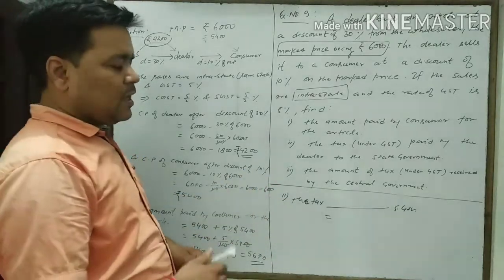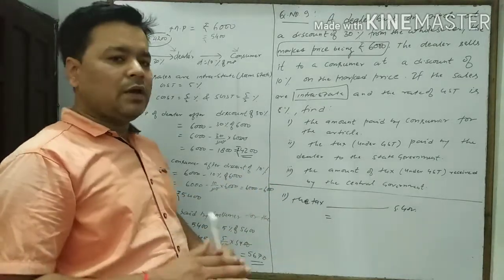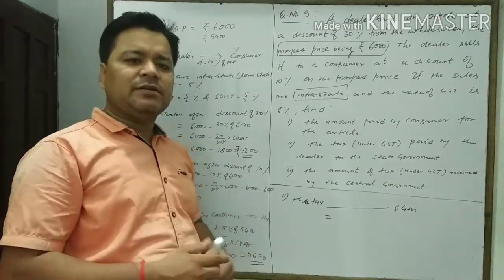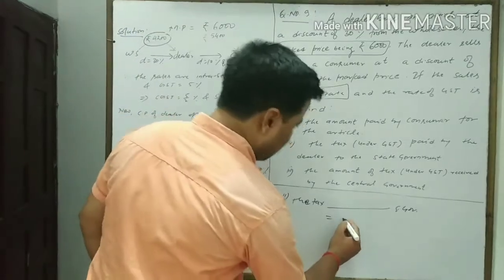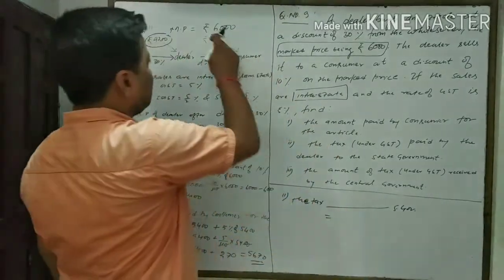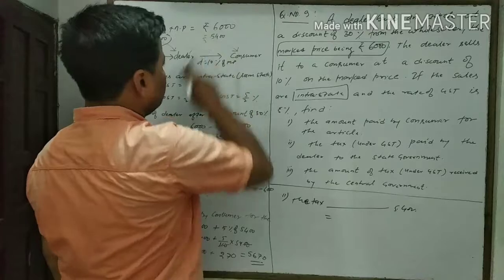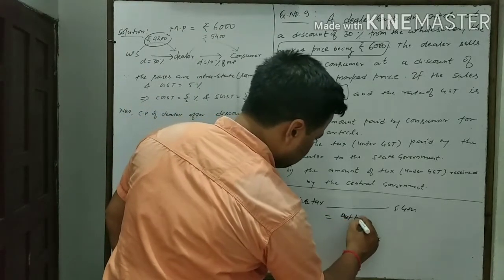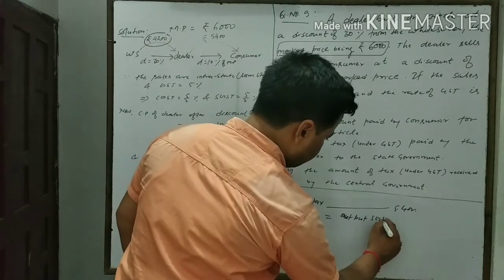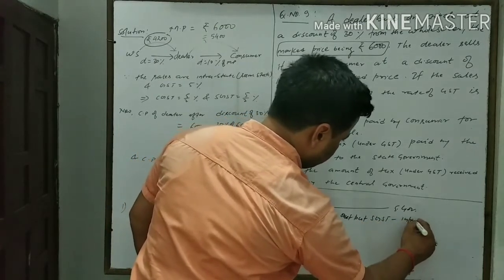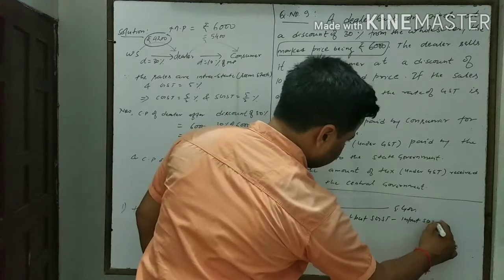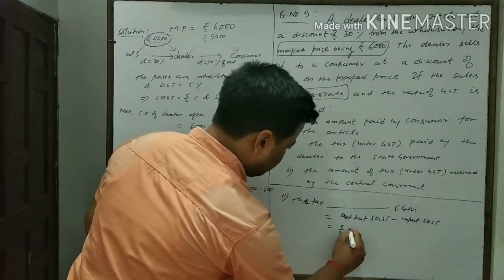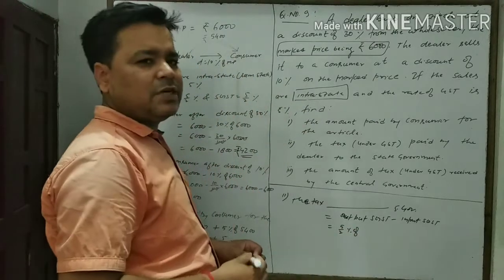So therefore, here we find the value of output SGST minus input SGST. Output SGST will be calculated on 5,400. Why 5 by 2%?